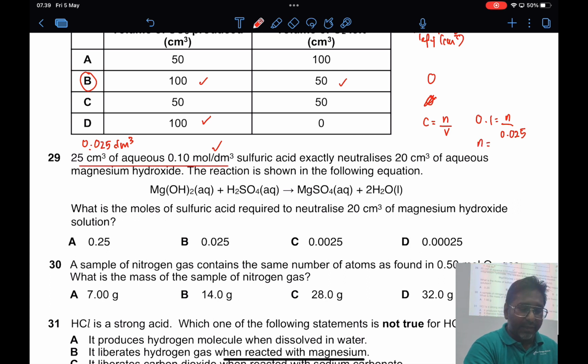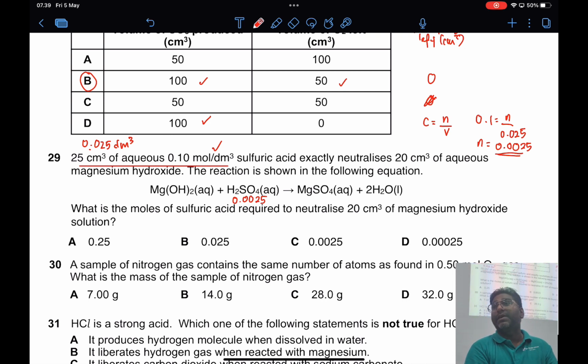Number of moles is 0.1 times 0.025. You will get 0.0025 moles. This is for sulfuric acid, so I will write down over here 0.0025 moles.